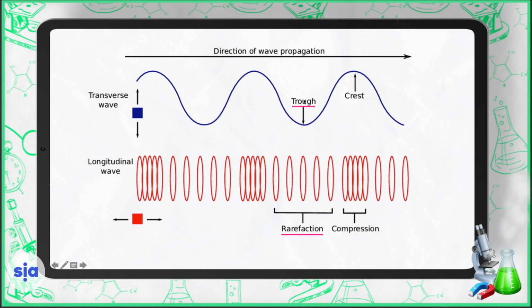The trough in the transverse wave is equal to the area of rarefaction, and the crest in the transverse wave is represented by the areas of compression in a longitudinal wave.